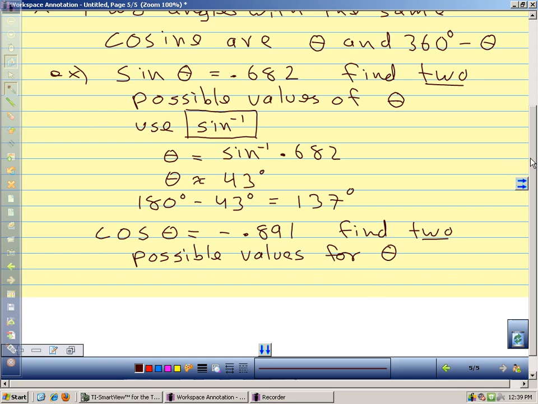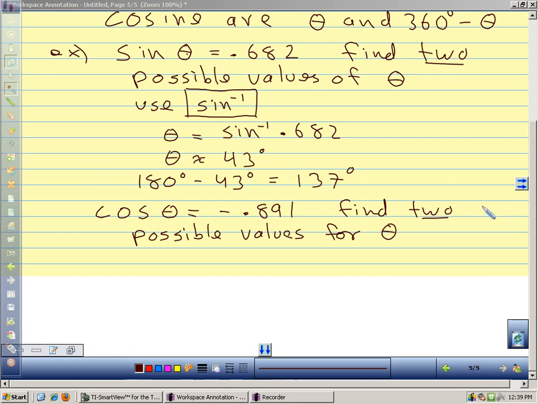So what do we have to do to find our angle? We know the cosine and we want the angle. What do we use? The opposite of cosine. And what do we call that? Cosine minus 1, or inverse cosine.